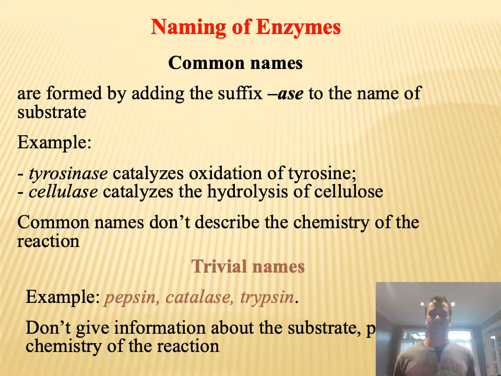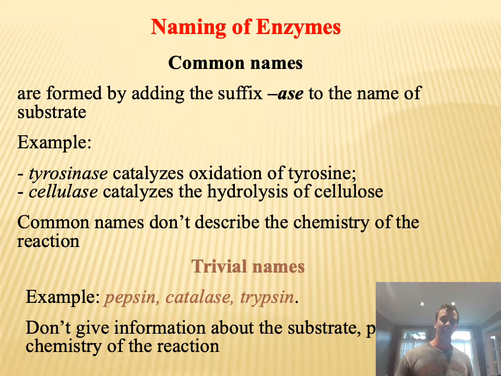Before that, let's just talk a little bit about the naming conventions of enzymes. Typically, enzymes have an "ase" at the end of it. They're formed by adding this suffix "ase" to the name of the substrate. For example, tyrosinase catalyzes the oxidation of tyrosine. Cellulase catalyzes the hydrolysis of cellulose. But common names don't often describe the chemistry of the reaction.